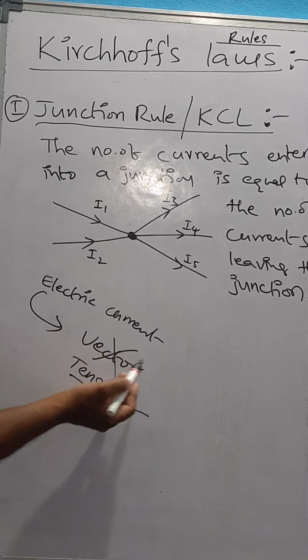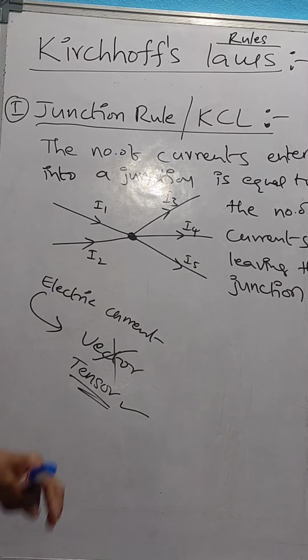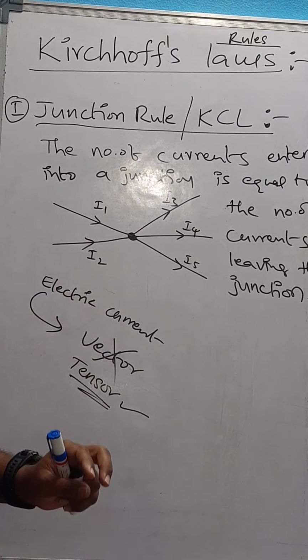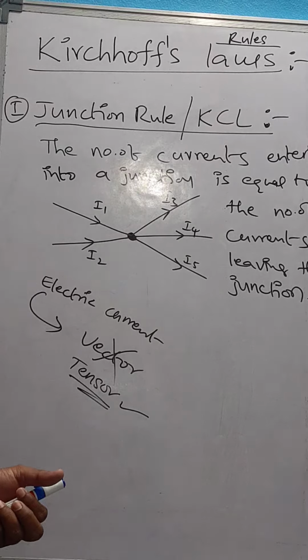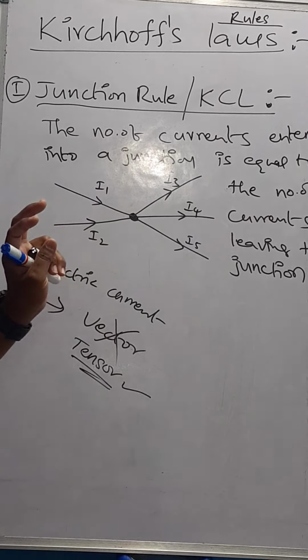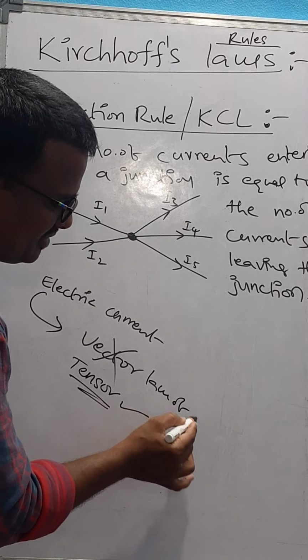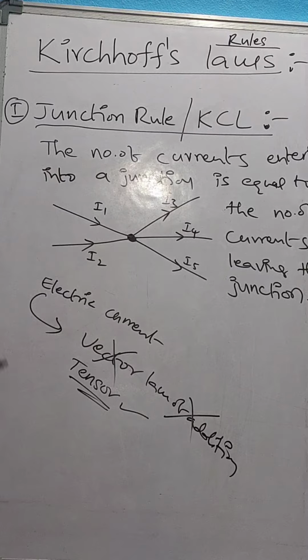Electric current has magnitude as well as direction, but it does not obey the vector law of addition.